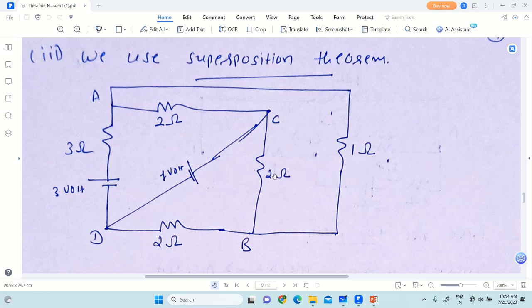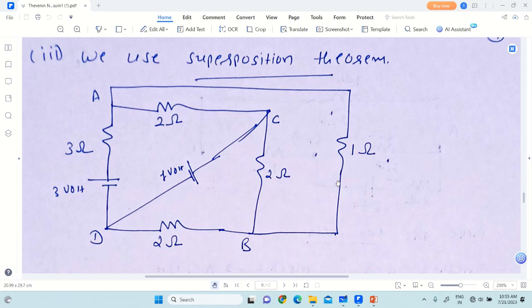Now in the superposition theorem we know that the circuit contains more than one energy source. In this circuit there are two voltage sources, 3 volt and 1 volt. In the superposition theorem, at a time we apply only one energy source and we find the response. Response means we find the current through the various elements.